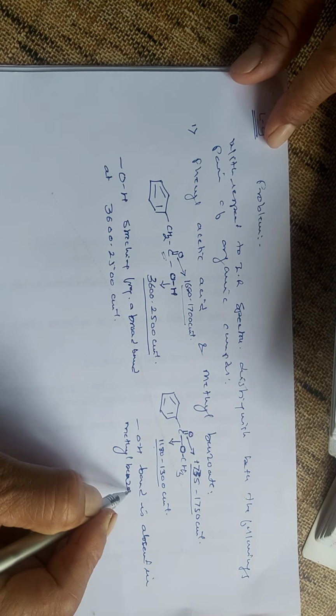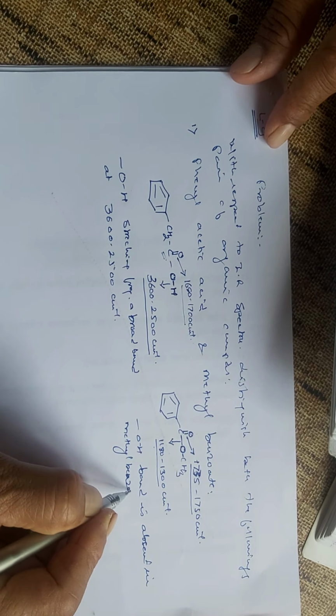And the carbonyl stretching frequency here is at 1680 to 1700 reciprocal centimeter due to hydrogen bonding, which is not seen in the carbonyl group of the ester, and so the ester shows around 1735 to 1750 reciprocal centimeter, that is the ester functional group. So in this way we will distinguish between phenylacetic acid and methyl benzoate.